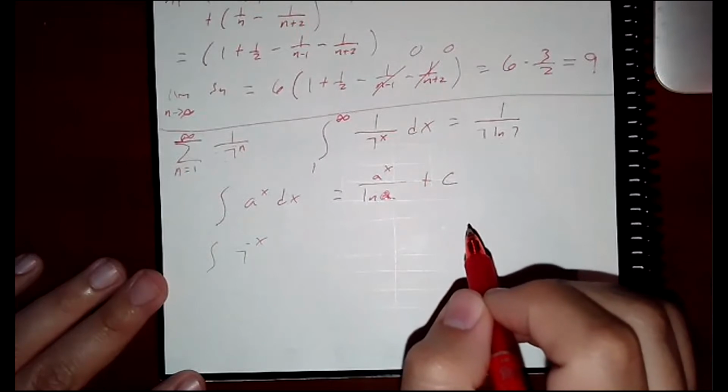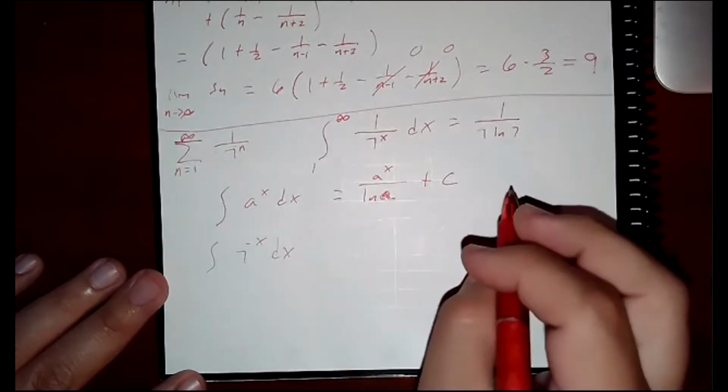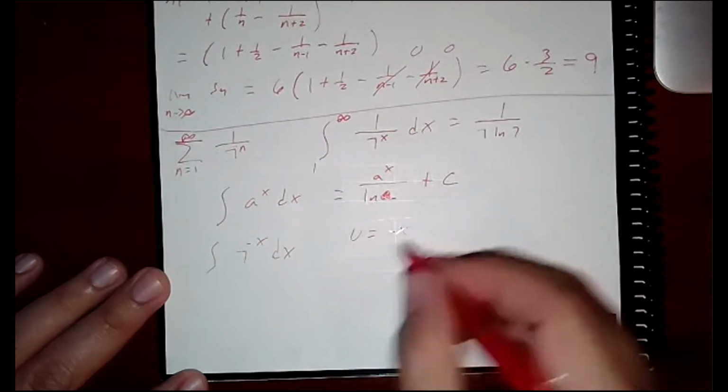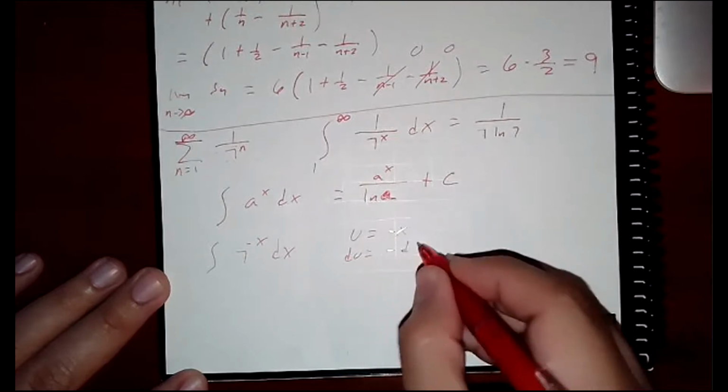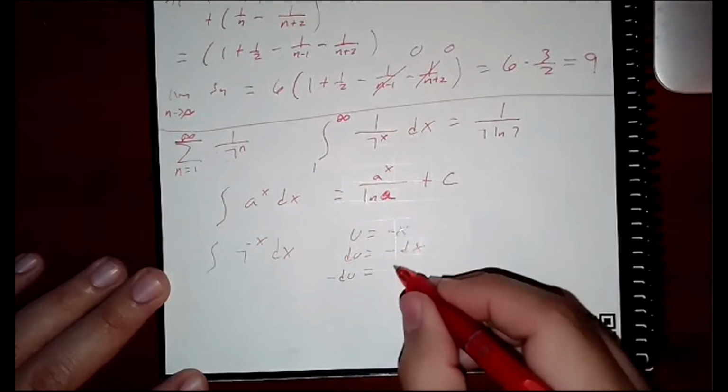Right. Now, since ours is negative, we can let u equal negative x. du will be negative dx. So negative du is going to be dx, right?